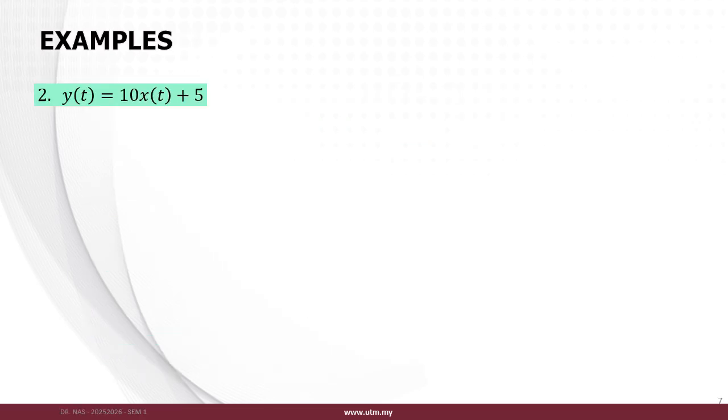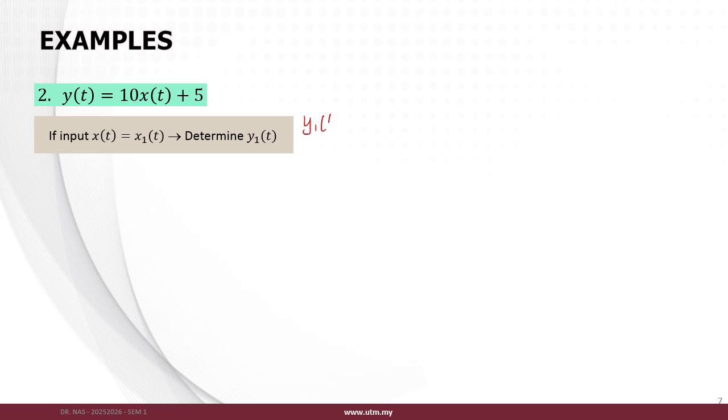Okay, let's look at the second example. Again, follow the steps as discussed earlier. Determine y1(t) when the input is x1(t). So y1(t) equals 10x(t) plus 5, which is 10 x1(t) plus 5.